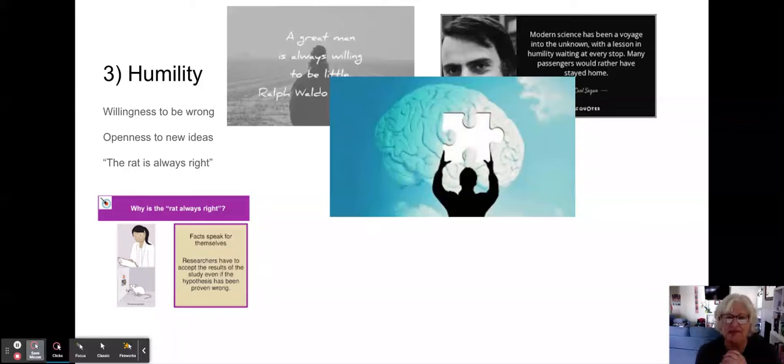Unfortunately, he has passed on. He's the guy that wrote Contact, if you've ever watched that movie. But he basically states that modern science is a voyage into the unknown, and there's a lesson in humility waiting at every stop. We are going to be wrong almost all the time. And there are lots of people that would rather stay home than go on this voyage. And I think that's really sad.